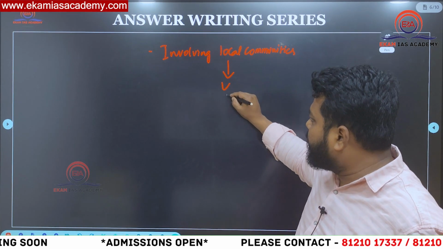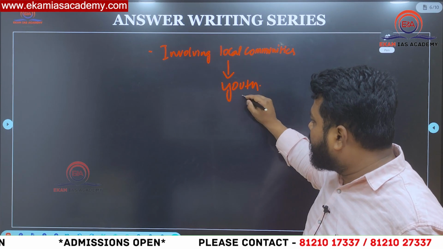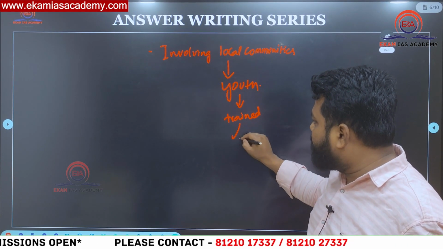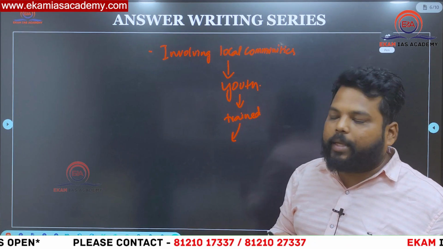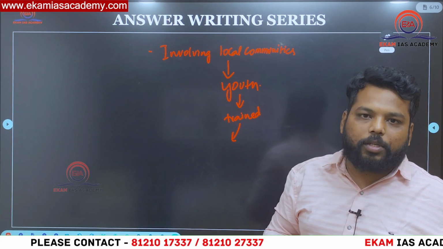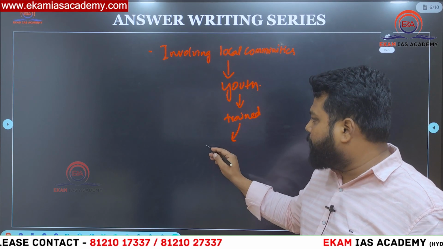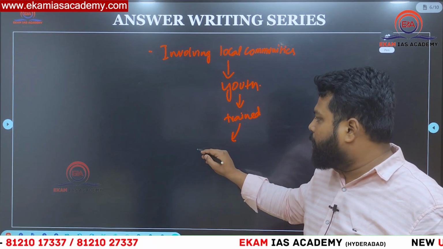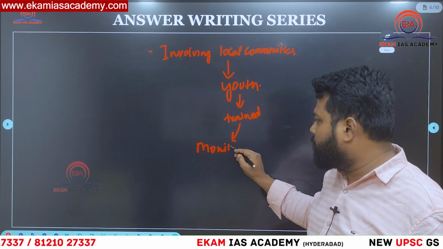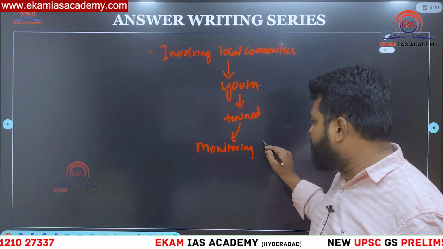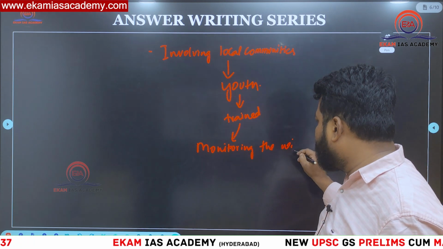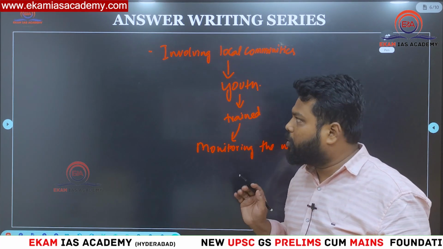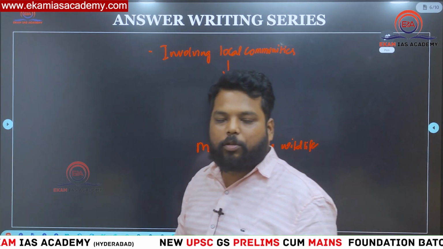Especially in these local communities, the youth have to be involved and trained in the skilled aspect, so that they can help in monitoring the wildlife. So involving the local communities is also one particular aspect which has to be present.